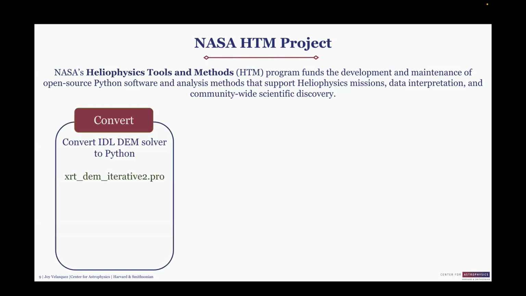So our plan to follow with the project is to convert the IDL solver into Python. That current IDL solver is called xrt_dem_iterative2. And we're just going to transfer that into a Pythonic version by re-implementing it with modern libraries such as NumPy, SciPy, LMFit, AstroPy, Matplotlib, and much more.